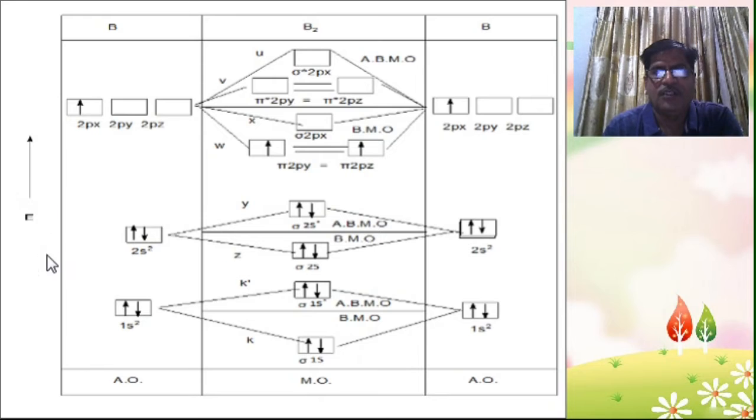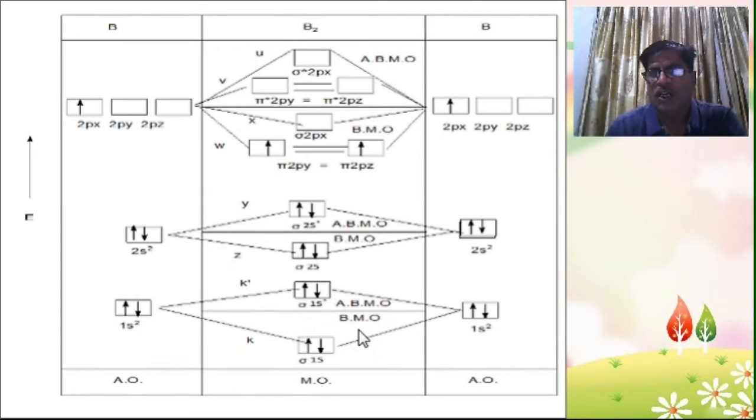In the energy level diagram, E is energy. Here is one boron atom and another boron atom forming the B2 molecule, each with electronic configuration 1s2, 2s2, 2p1. When the 1s orbitals combine they give sigma 1s and sigma star 1s.